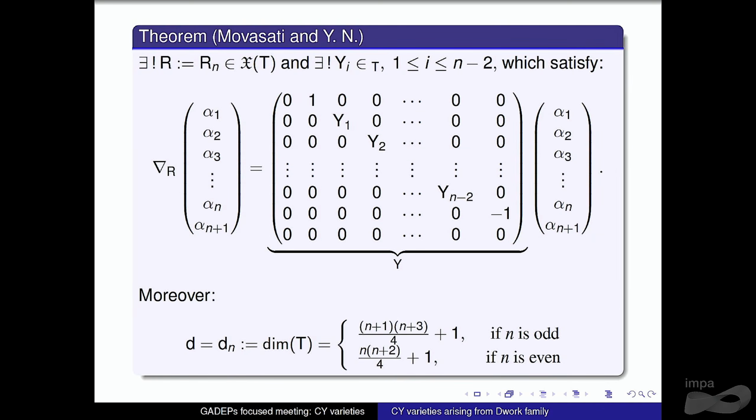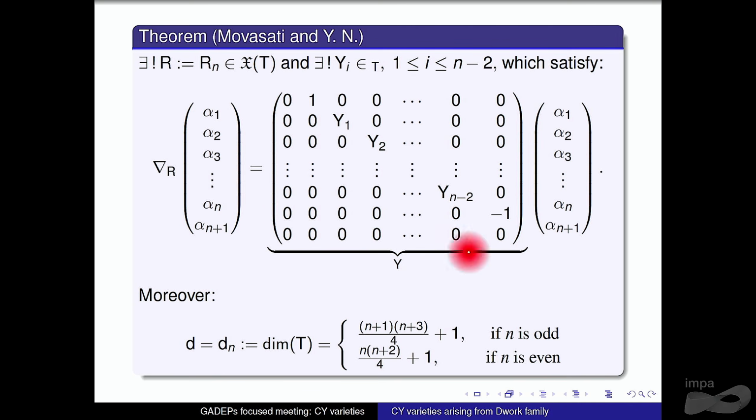There exists a unique vector field on T, and unique regular functions y1, y2 until yn minus 2, such that we have this equation satisfied by R and by yi's.